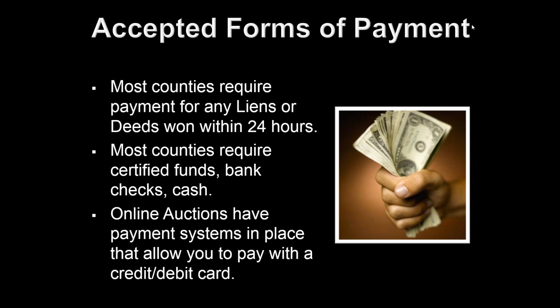All counties are going to require certified funds, bank checks, or cash, and some counties are now allowing debit cards. It just really depends on the county. Many of the online auctions, or really all of the online auctions, will have payment systems in place that allow you to pay with a credit or debit card.